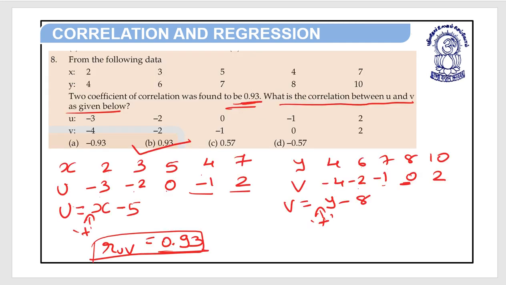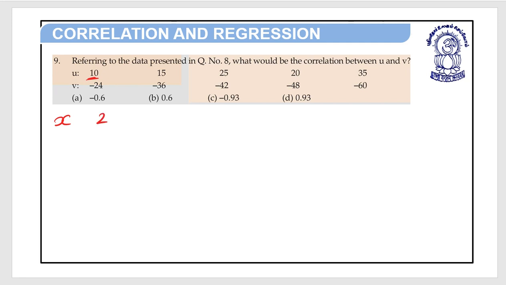The x value is 2, 3, 5, 4, 7 and the u value is 10, 15, 25, 20 and 35. Which value multiplied with x gives the value of u? 2 5s are 10, 3 5s are 15, 5 5s are 25, 4 5s are 20, 7 5s are 35. So u is equal to 5x.